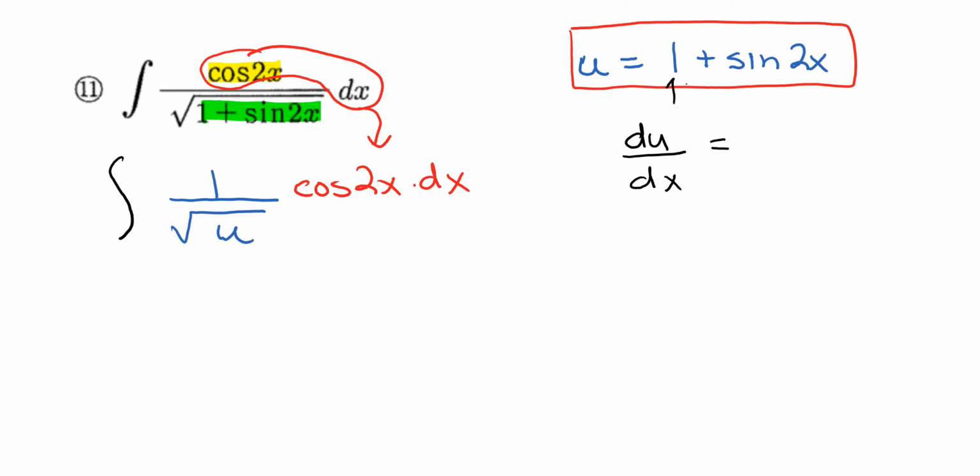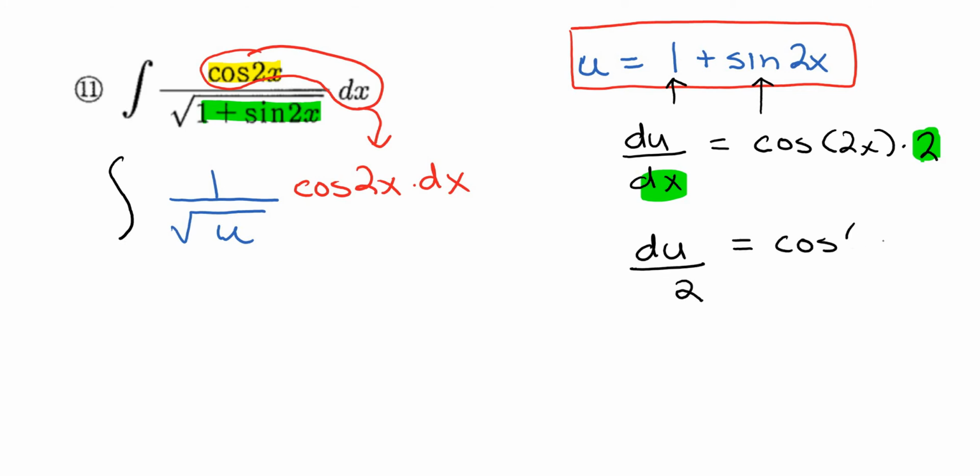Well, the derivative of 1 is 0, and the derivative of sine 2x is going to be cos 2x times 2. Okay, and after that, I'll take my dx and my 2, and I'll interchange those two pieces. So this is going to be du divided by 2 equals cos 2x times dx.